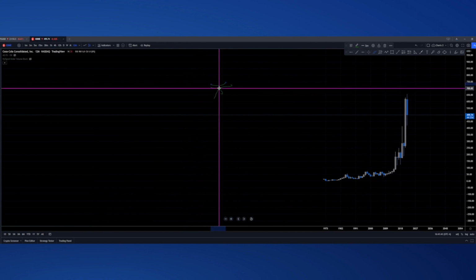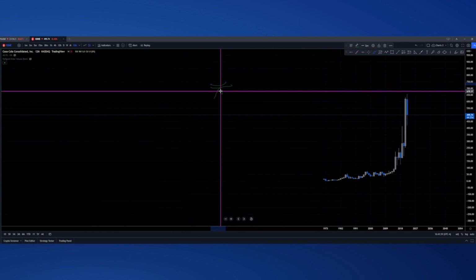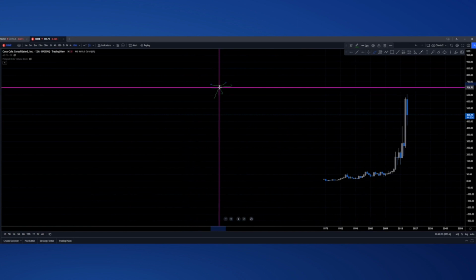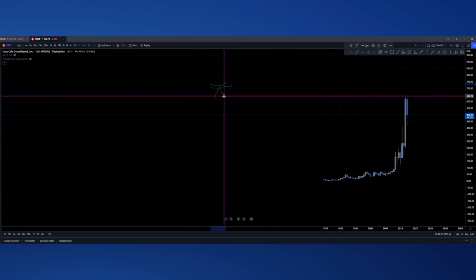Now, let's say my risk is an arbitrary $30. This is one way: as soon as I make $30 and surpass that, I can close part of my trade out to remove risk.